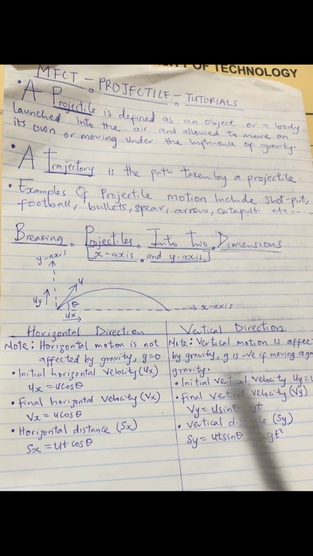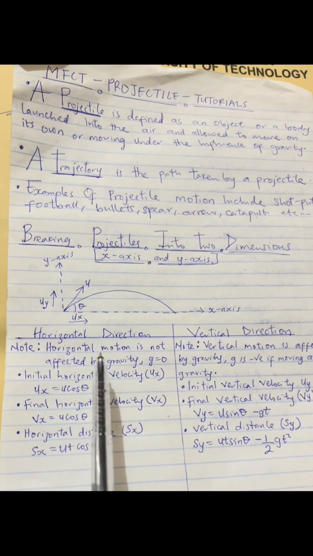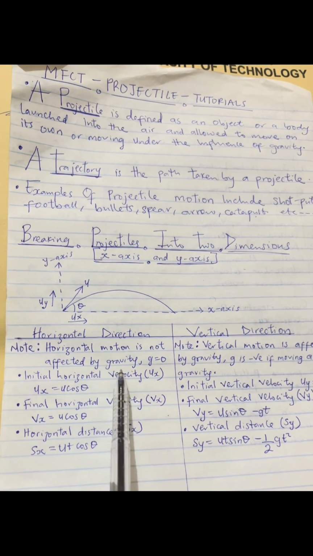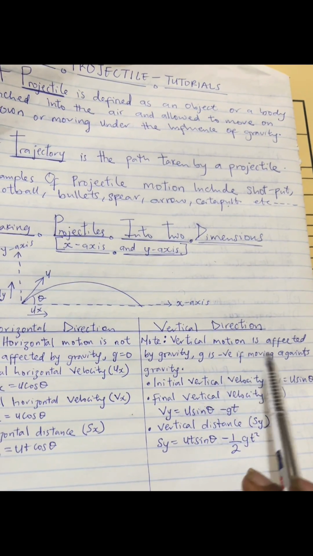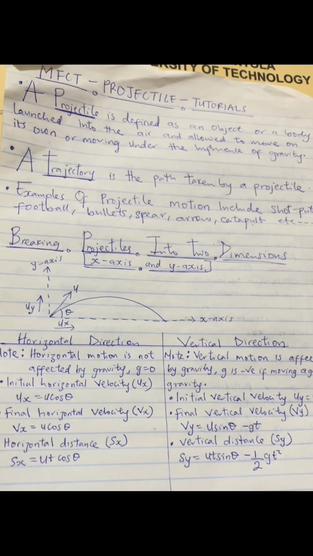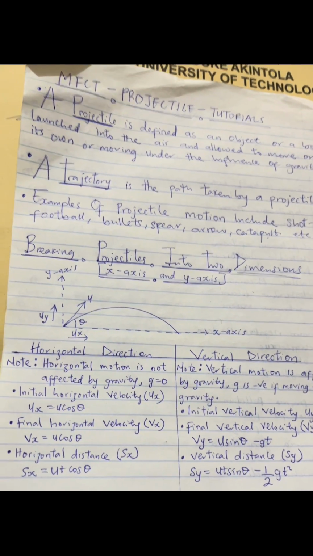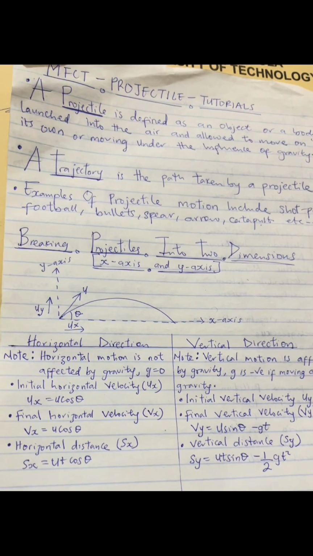And the vertical. So for the horizontal direction of a projectile body, you have to know that it is not affected by the acceleration due to gravity. Only the vertical direction is affected by what? Acceleration due to gravity. So that's the first thing you have to know. The horizontal direction is not in any way affected by what?